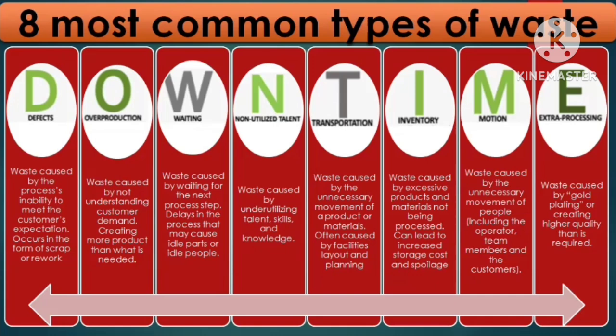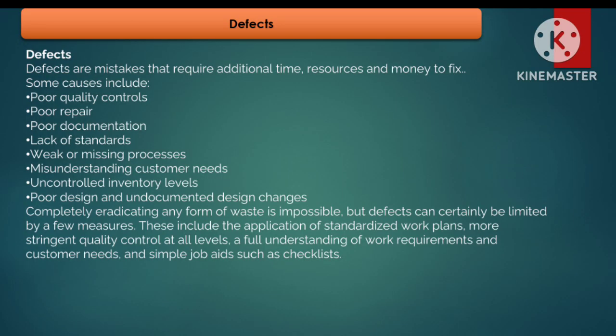Let's deep dive into each one and understand how it impacts the business and processes. The first one is defect. Defects are directly waste for any process. Therefore, all organizations in the world try to minimize and eliminate defects. And what are defects?